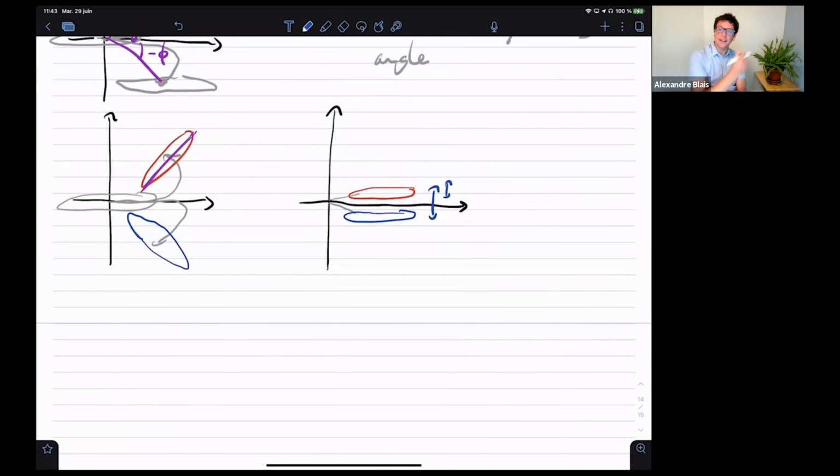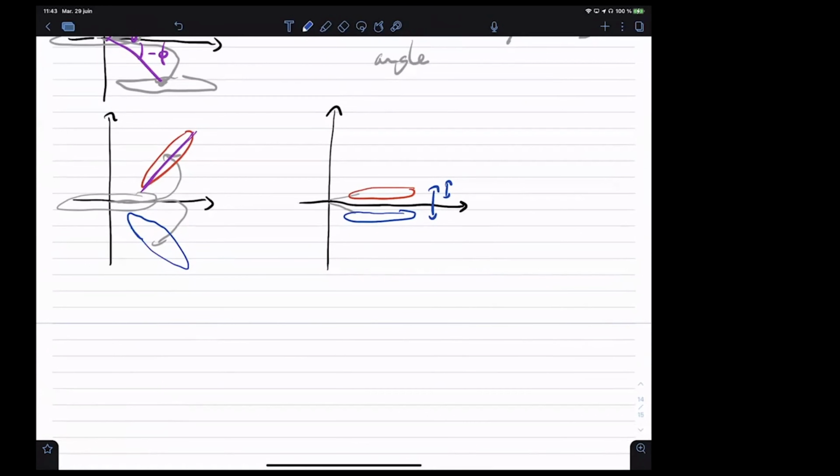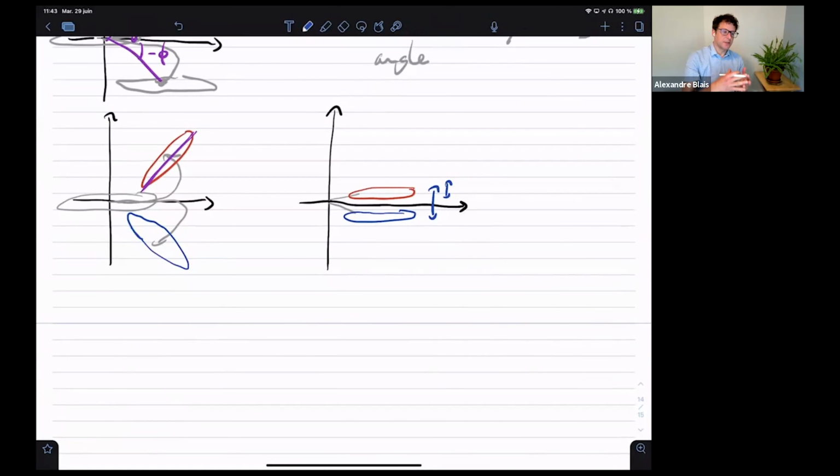But in practice, we can measure phase, but this is always reconstructed from quadrature measurements. What we have are linear detectors that detect quadratures of the field. This is what homodyne detection does.